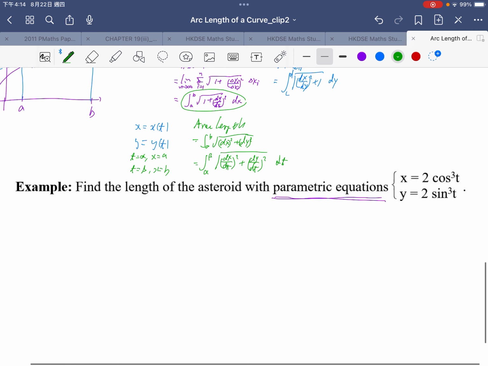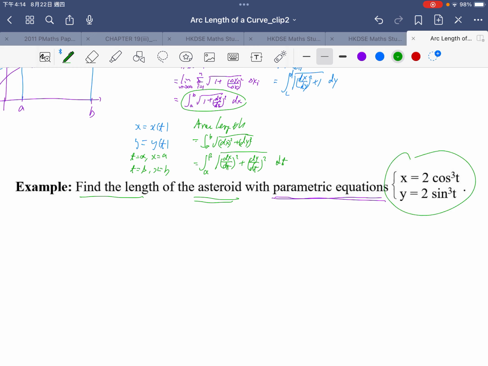This is the first part of this video. For the second part, we give an example to calculate the length of an astroid of this parametric form. To study the form, we can plot some points to understand the shape of this curve. Otherwise, we cannot do anything.